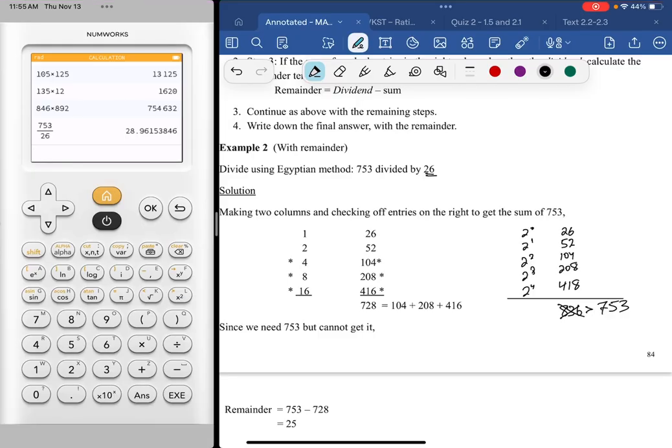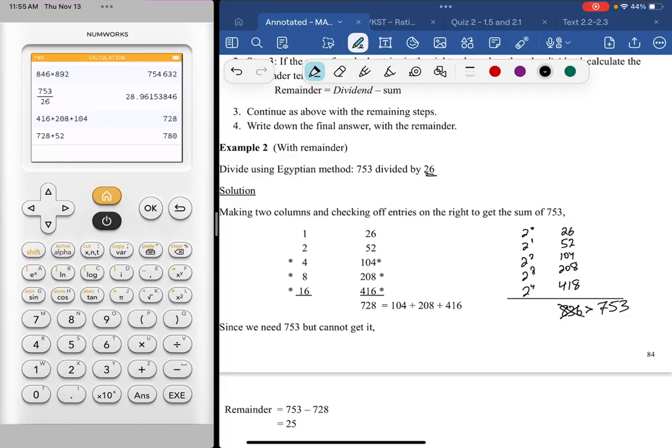So you can try every possible combination. The best that you can do would be 416 plus 208 plus the 104, which would get me to 728. Now, if you're like, well, let me try putting the 52 and the 26 in there. If I added on a 52, I'm trying to target 753.